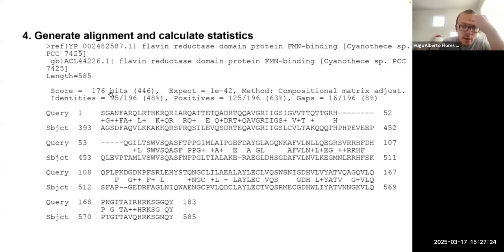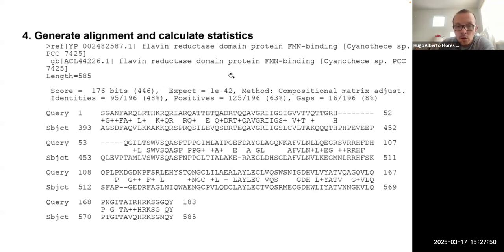So you have 95 identities, which means that the letter in the query is exactly the same letter as in the subject. Nevertheless, there are some others that are not the same, but in the end you are still getting a positive score. Sometimes you will have different letters and you will have penalization, meaning that you are adding a negative value.